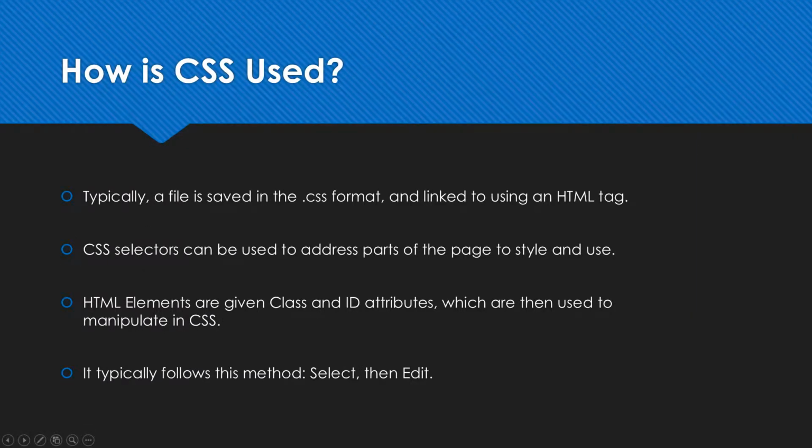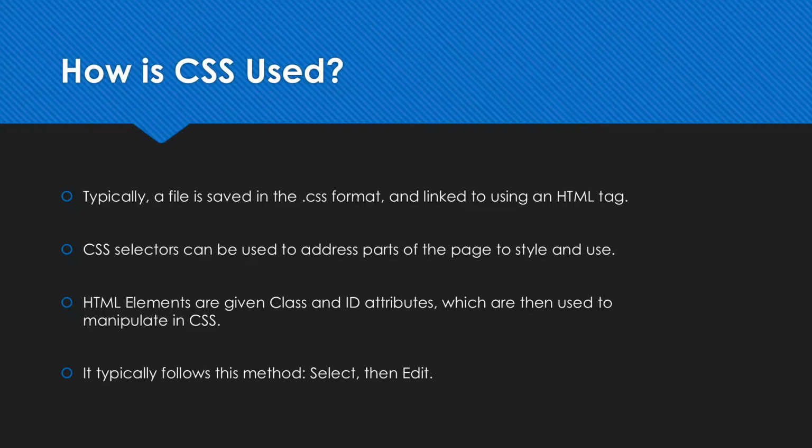I'm going to be talking just very quickly about how CSS is used. Usually you would have a file saved in the .css file extension format, and then there is a specific tag that you can use in your HTML that we will be able to link it to our page. Again, we are not going to be covering setting up and linking because this is WordPress and we're going to be using a CSS editor. But other than that, in the CSS file, you use selectors to select parts of the page and elements on the page and then manipulate them.